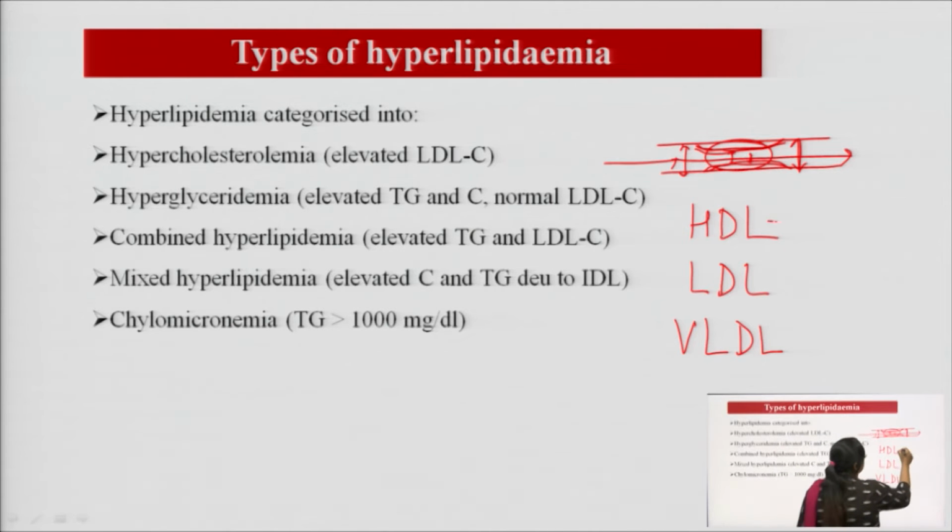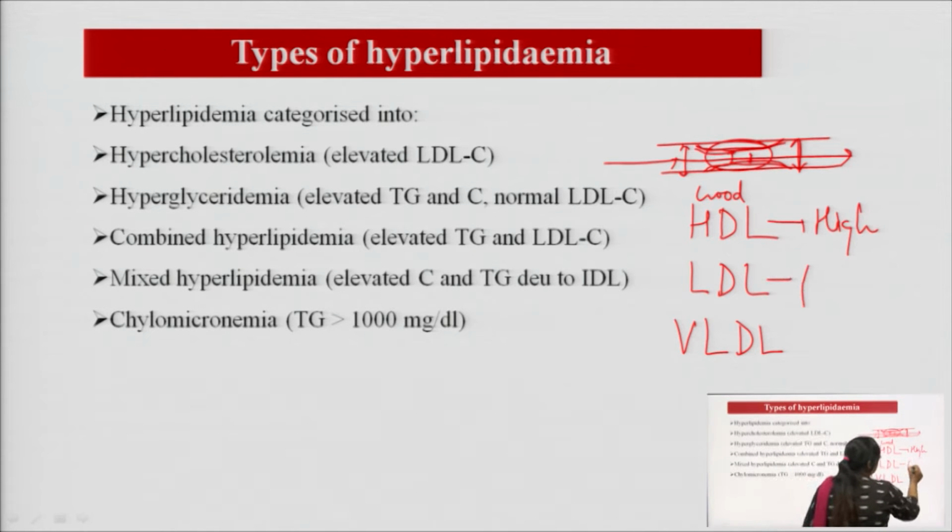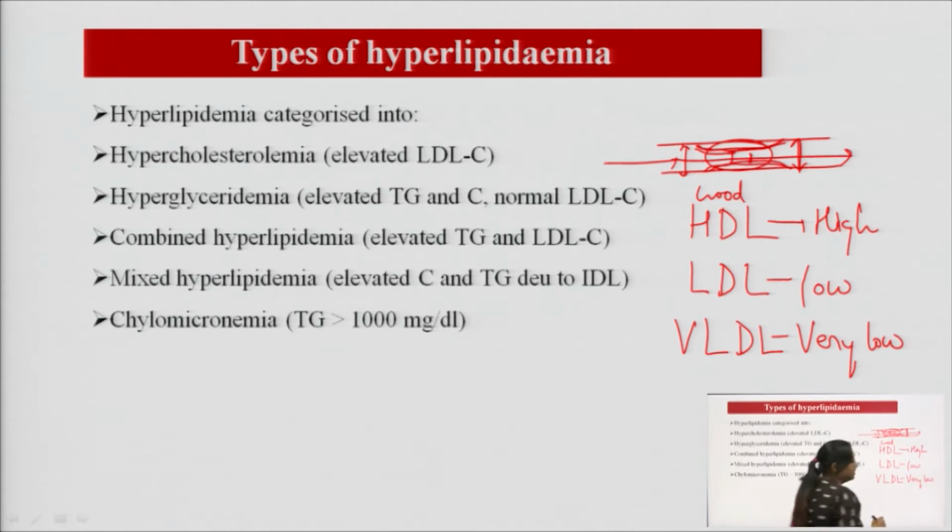HDL, high density lipid, is your good cholesterol, whereas LDL, low density lipid, is bad cholesterol, and VLDL is very low density lipid, or very bad cholesterol. So, as you can see, HDL is good cholesterol, LDL is bad cholesterol, and VLDL is very bad cholesterol.